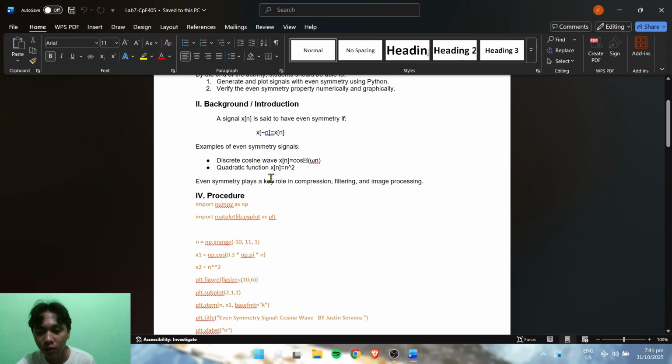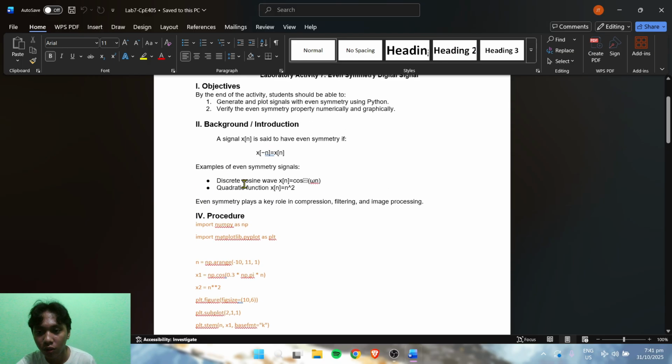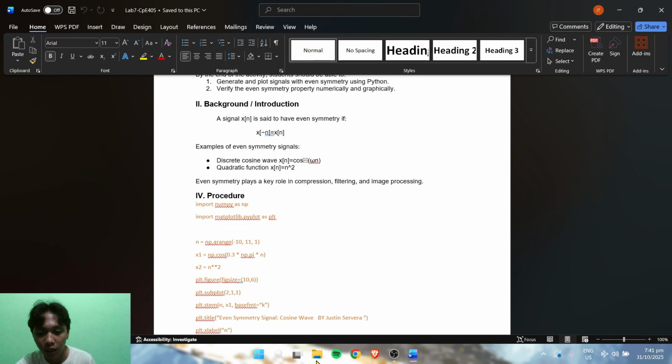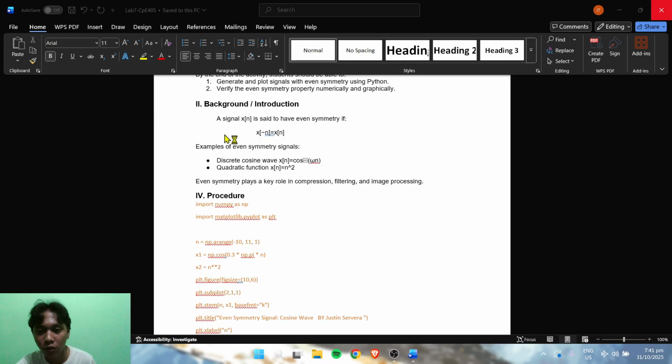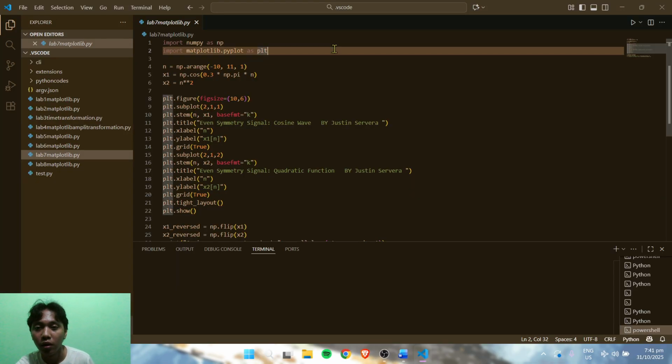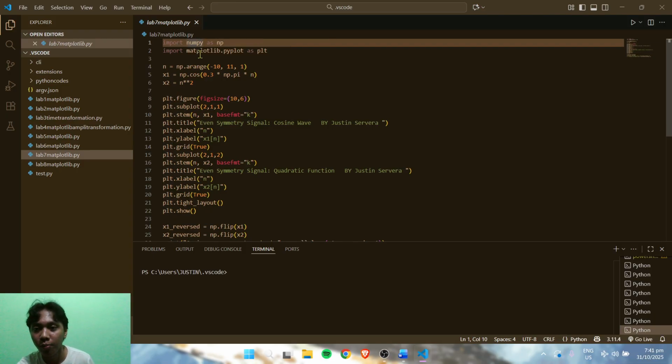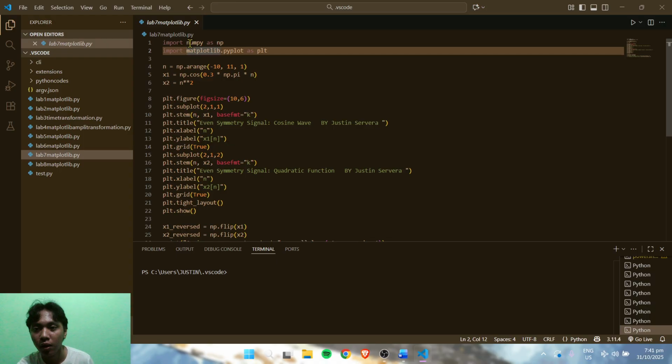For the procedure, we need a compiler with Python installed. I'm using Visual Studio Code as a compiler. First, of course, we need to import the required libraries, NumPy and Matplotlib: NumPy as np and Matplotlib as plt.